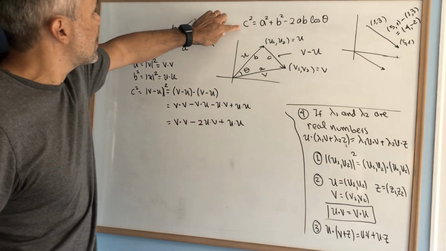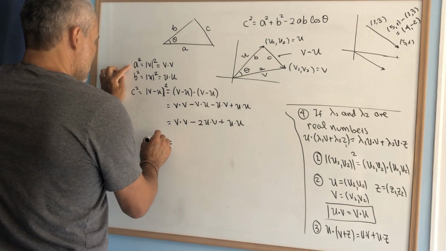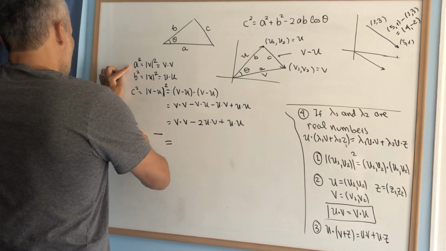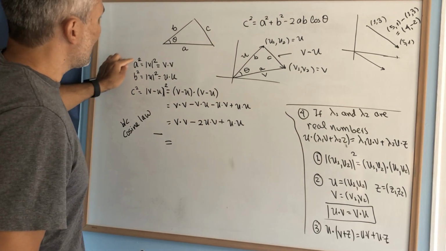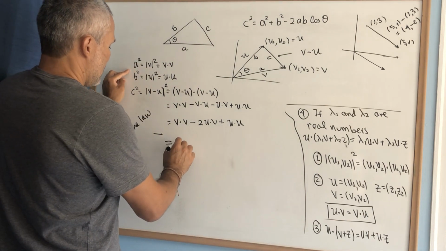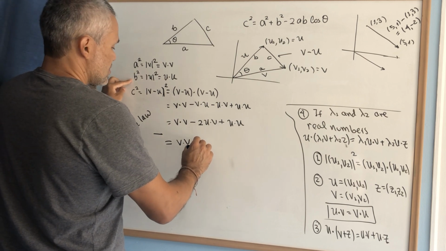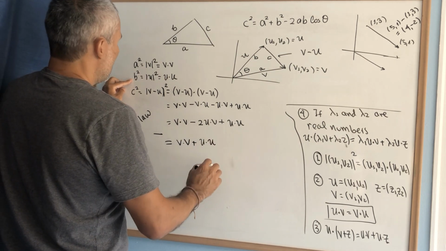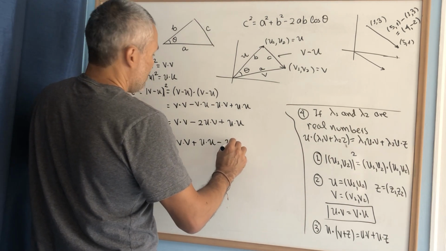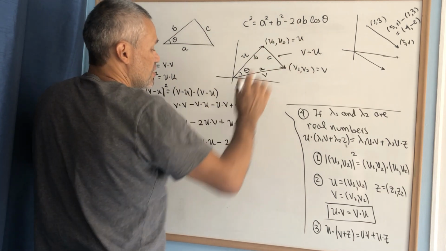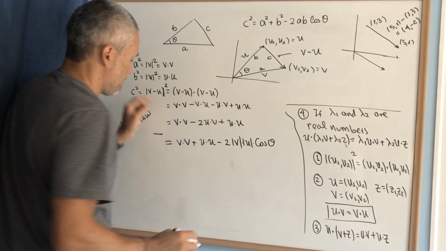And according to the cosine law, c squared is equal to a squared plus b squared minus 2 times a times b times cosine of theta. Then this is just a squared, which is v dot product with v, plus b squared, which is u dot product with u, minus 2 times the norm of v times the norm of u times cosine of theta.